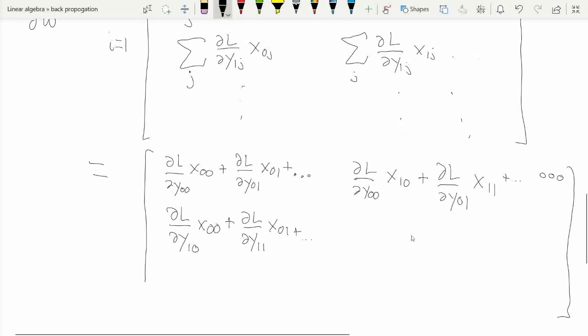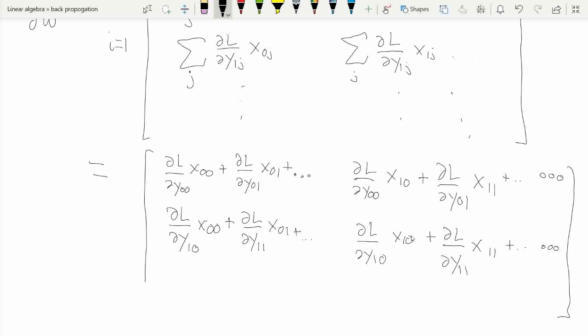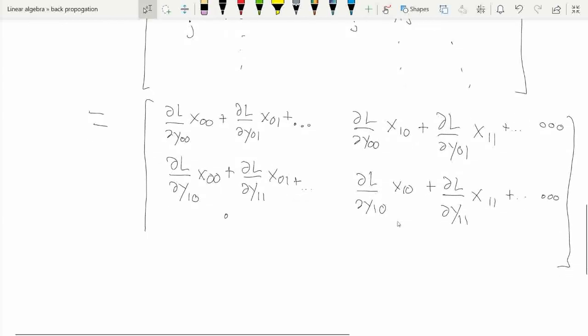And after that it's partial L with respect to partial y 1,0, x 1,0, plus partial L with respect to y 1,1, x 1,1, plus dot dot dot, carries on, and that would carry on down as well.